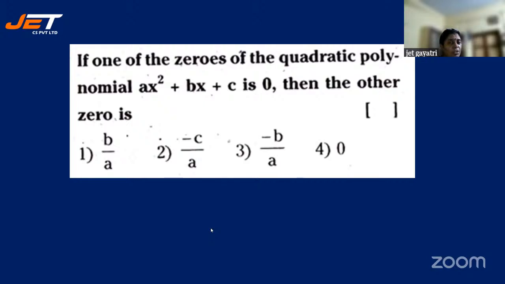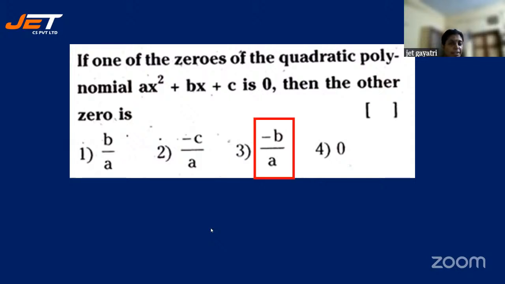If one of the zeros of the quadratic polynomial ax square plus bx plus c is 0, then what is the other? Then the other zero is dash. Right? So one is 0. What is the other? Many says option 2.